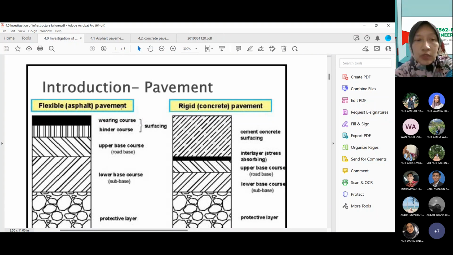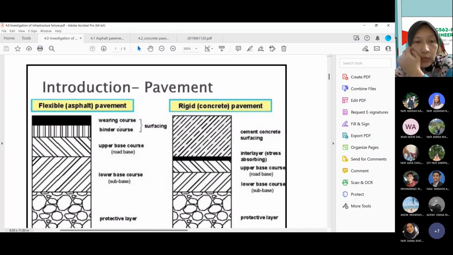So the flexible pavement, also known as the asphalt pavement, which reflects the materials being used to construct the pavement, has some difference of material on wearing course and also the binding course.